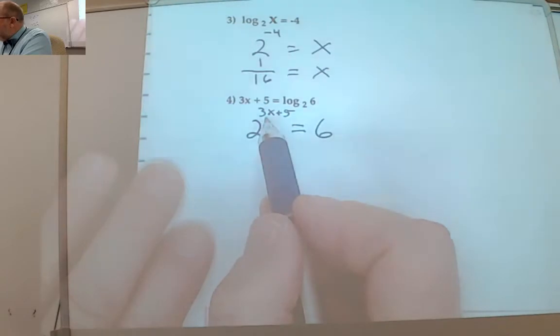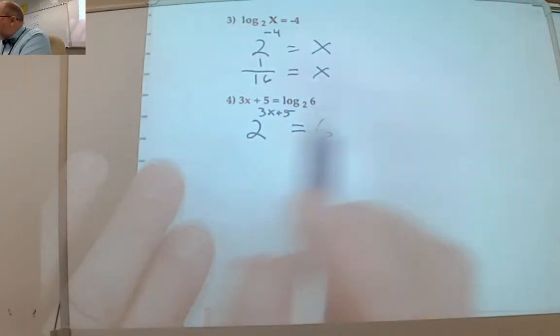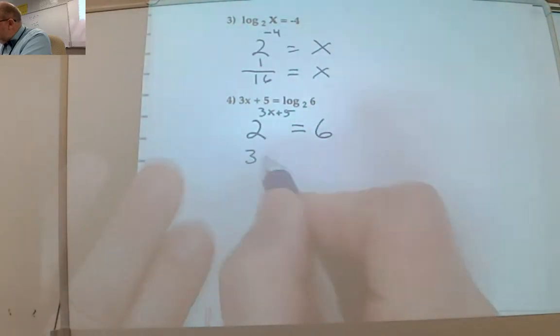Now, the variable is in the exponent, correct? The only way I can get it down is by doing what? Taking the log of both sides. Give you a hint, it's like number 1. Because the variable is in the exponent. So are you okay if I write this?